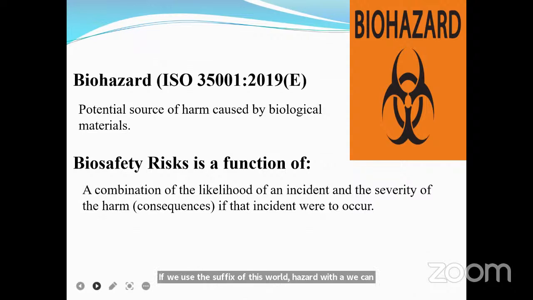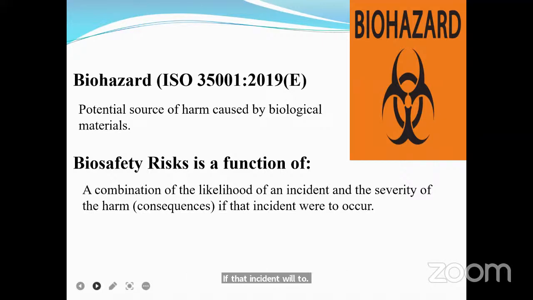We start to call the harm a risk when there is a combination of the likelihood of an incident and the severity of the harm consequences if that incident were to occur.